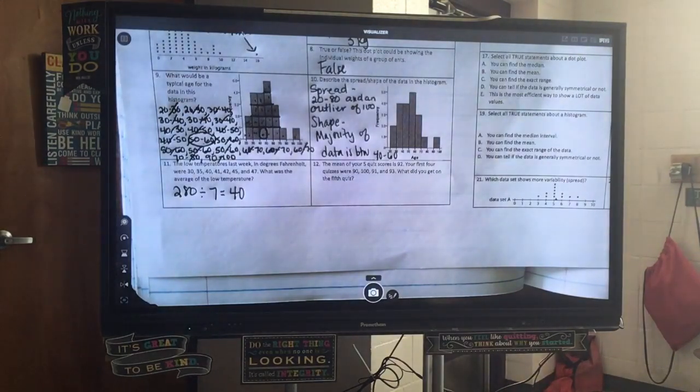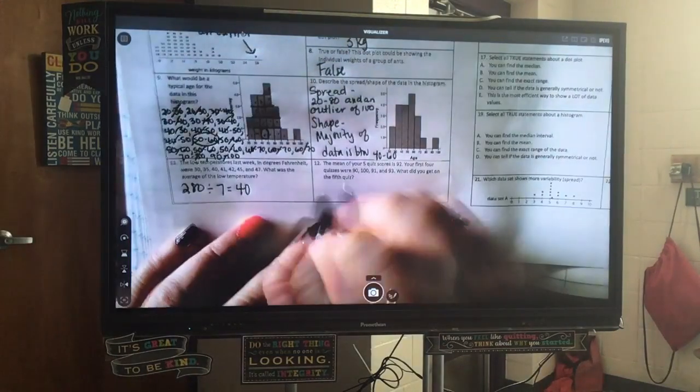Alright, the next one is always difficult for me without a calculator because I spend a lot of time guessing and checking. Some of us are just really good at looking at it and they get it right. Either way, you have to figure out what the next score is to determine your mean.